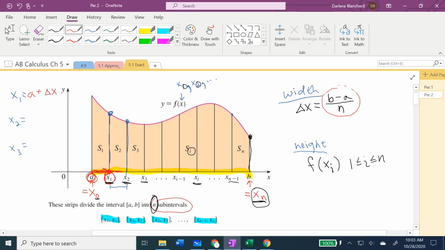So x sub 2, if I start at a, how do I get to x sub 2? I add the width twice. How do I get to x sub 3? I start at a and I add the width 3 times.